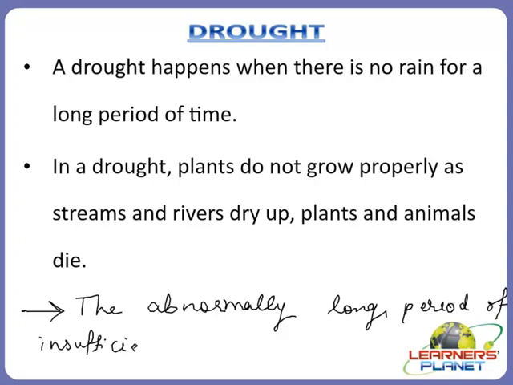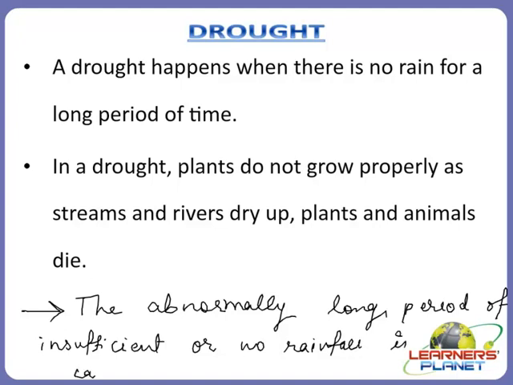Remember this. So a drought happens when there is no rain for a long time. Rivers and streams dry up, plants and animals can die in drought, and people have less water in a drought.